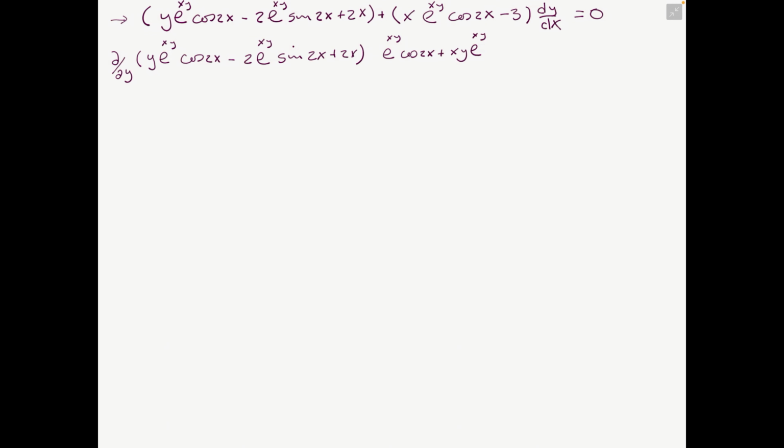We're differentiating with respect to y, so we treat x as a constant.